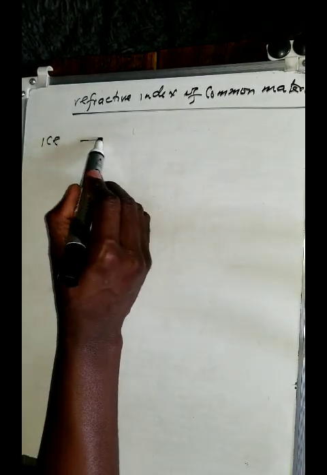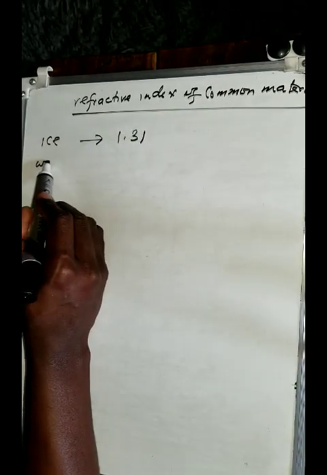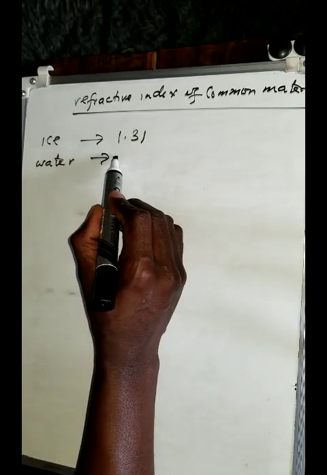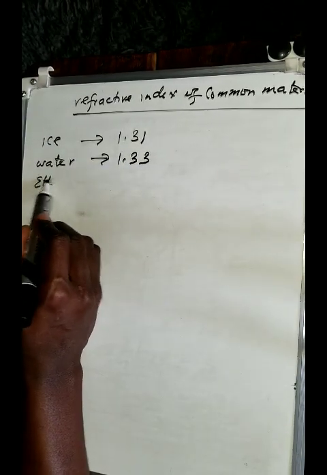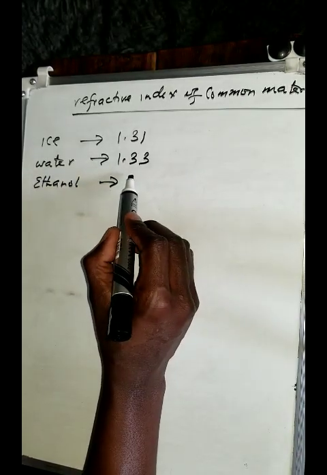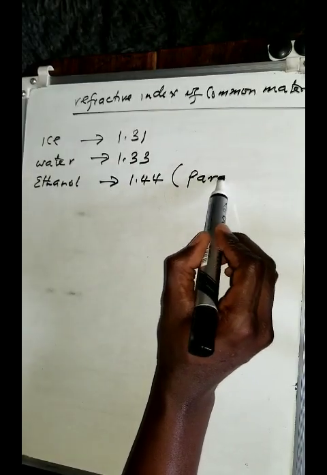For example, ice has a refractive index of about 1.31. Water has a refractive index of 1.33. Ethanol has a refractive index of about 1.44, which is similar to paraffin.